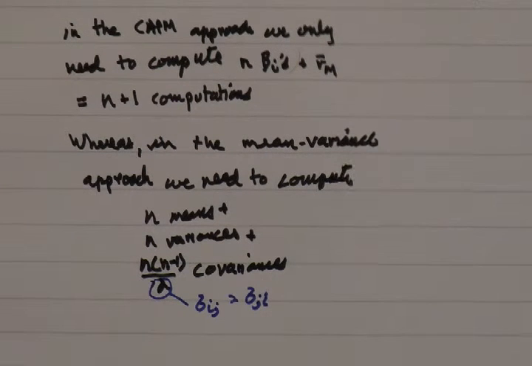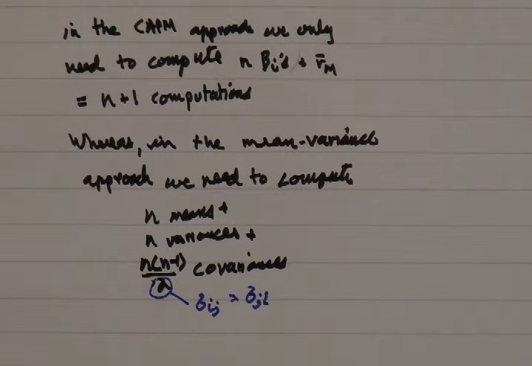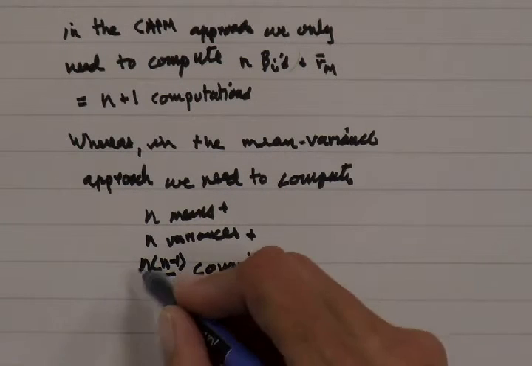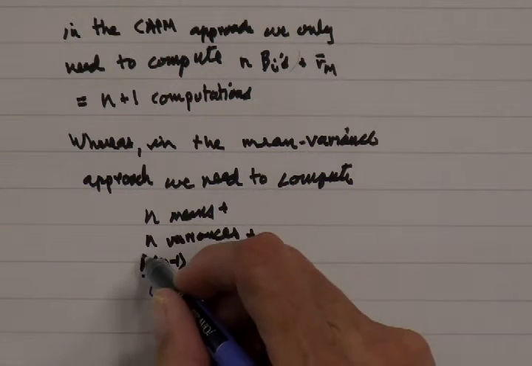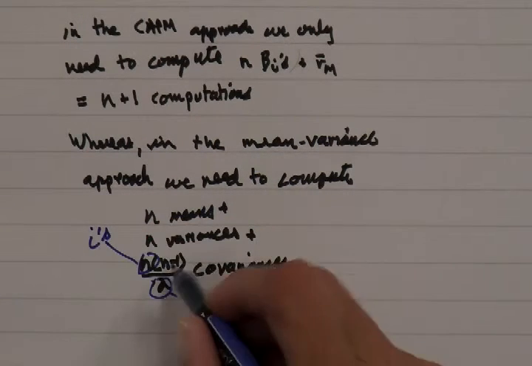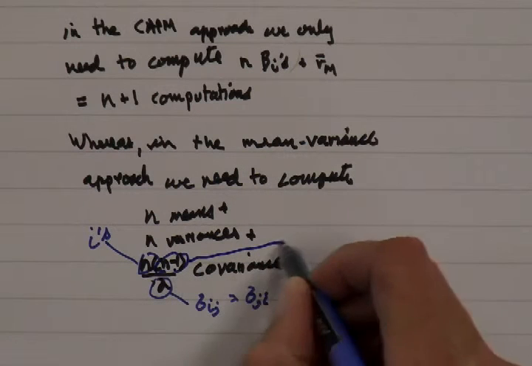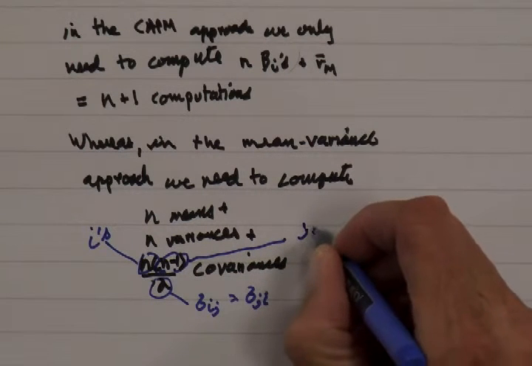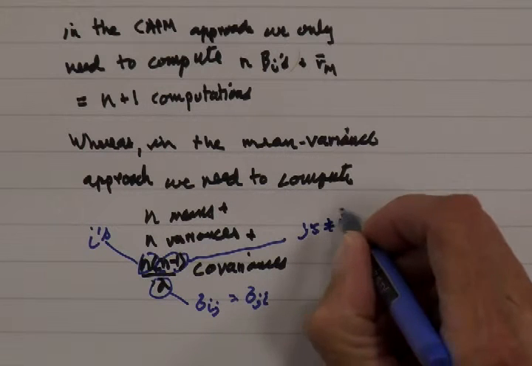And we have n times (n minus 1) covariances because there are n i's and n minus 1 j's that are not equal to i.